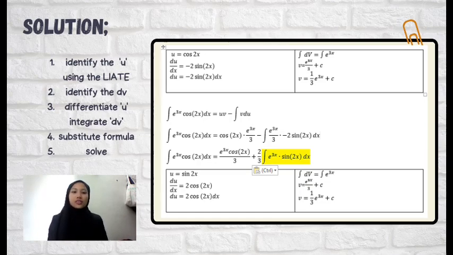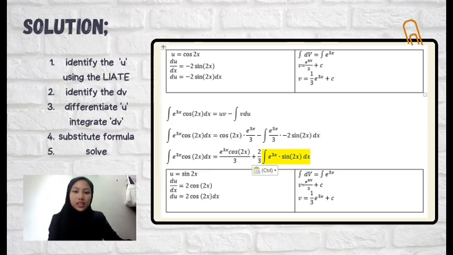So v is equal to 1 over 3 e to the power of 3x plus c. Next, we substitute it into the formula uv minus integral of v du. After we simplify, we need to do IBP again and repeat the steps.